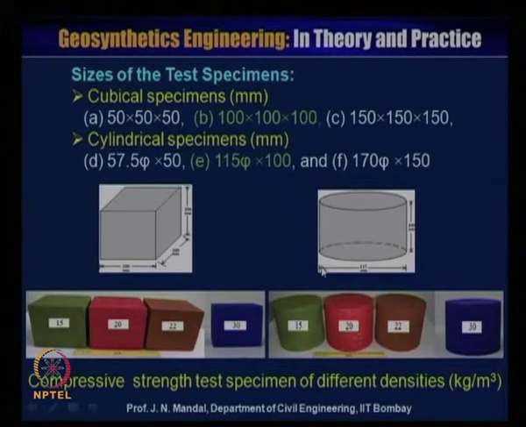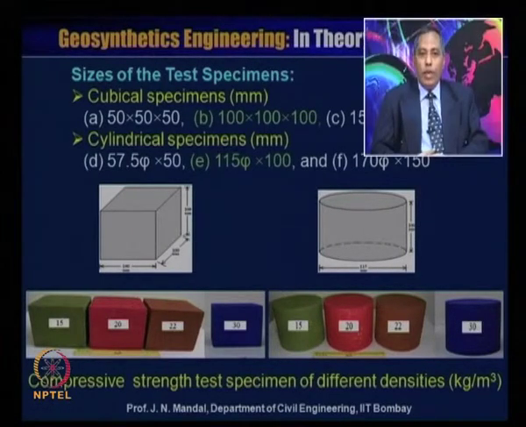This is 57.5 diameter and 50 millimeter in height, or it may be 115 diameter into 100 millimeter height of the cylinder, or it may be 170 millimeter diameter and 150 millimeter height of the cylinder.